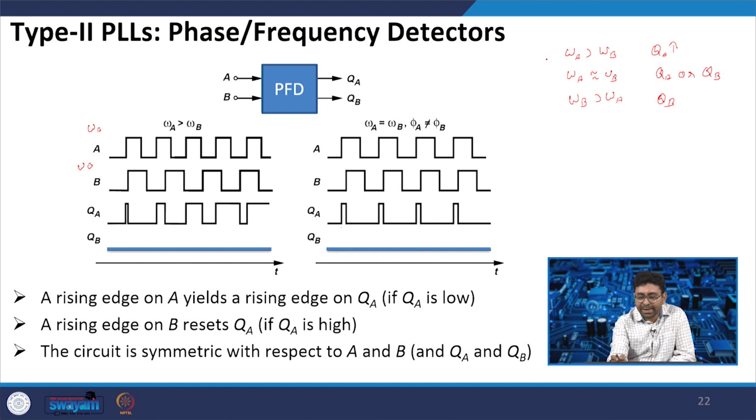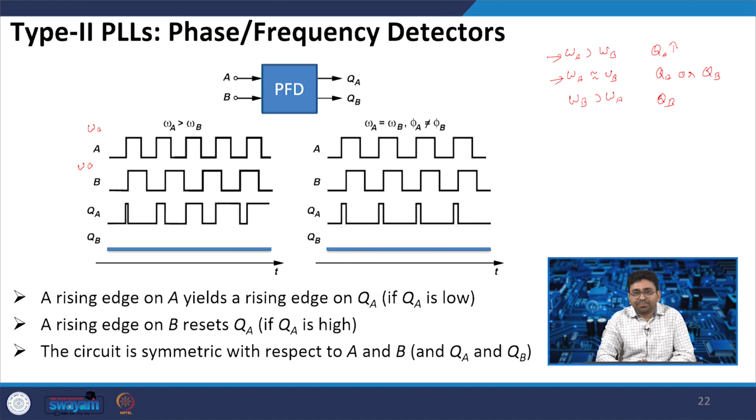One is omega A greater than omega B, and the other is omega A equal to omega B. In both cases QB is constant, there is no change. But if omega B is greater than omega A, QA will look like QB and QB will look like QA.